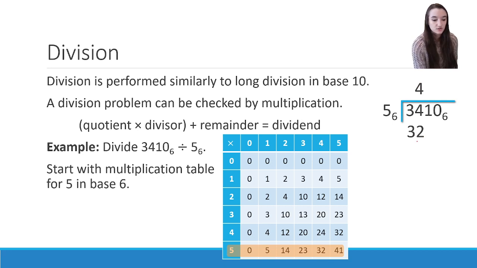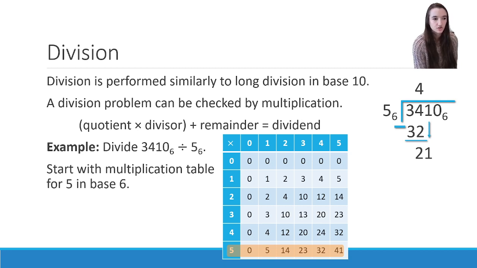So now when I do the subtraction, I also have to be careful to remember that I'm doing subtraction in base 6. So if I do any borrowing, I have to keep track of that. I have to borrow 6s, not 10s. So in this case, there's no borrowing though. 4 minus 2 is just 2, and then 3 minus 3 is 0, so we're left over with 2, and we bring the 1 down.